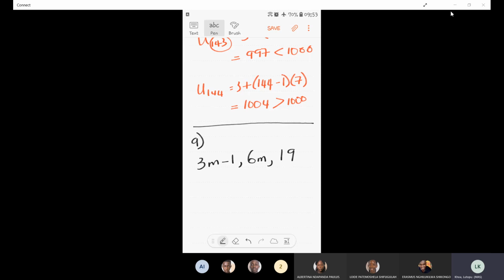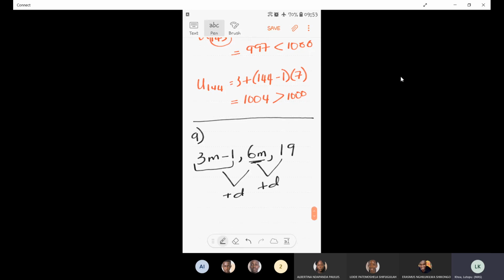Okay. Now, what we know about an arithmetic progression is if I have this term, to get the next one, I will just add d, and then I'll end up with this one. And when I have 6m, to get the next one, I will just add d.